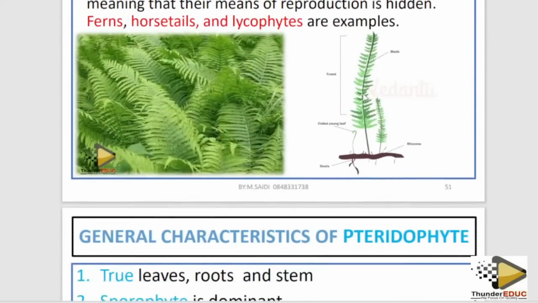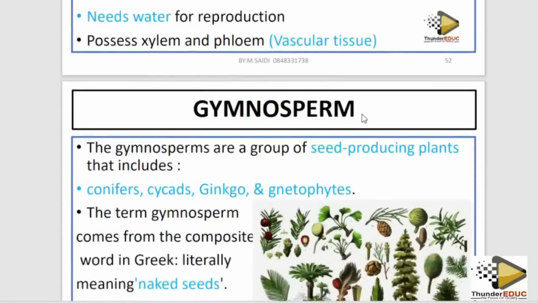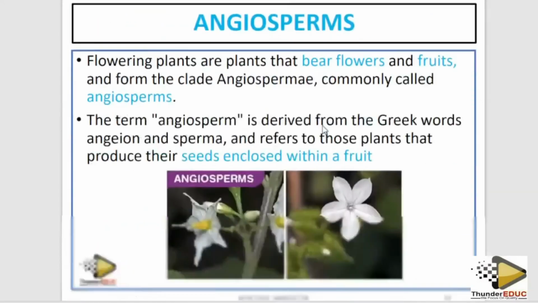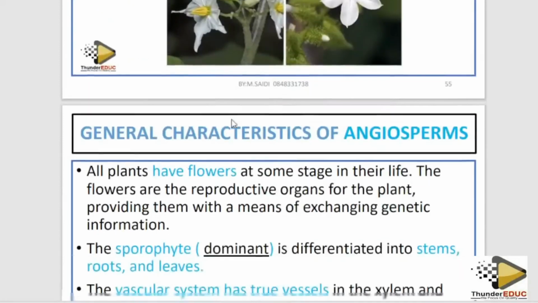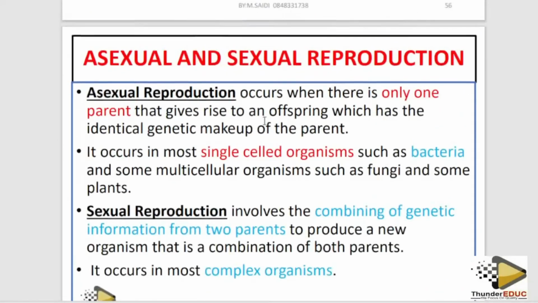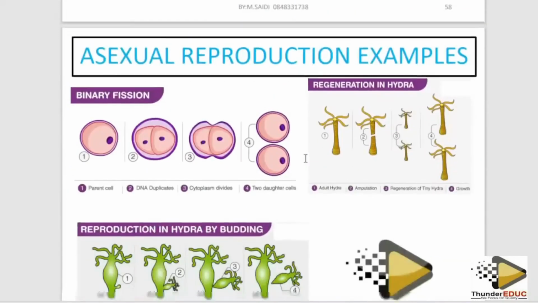Then we said the properties. We said the characteristics. These ones are naked seeds. These ones are true, they have a fruit, meaning that the seeds are enclosed in a fruit. Then I said that in the angiosperms, you must know the sexual and asexual differences. I showed you the questions.